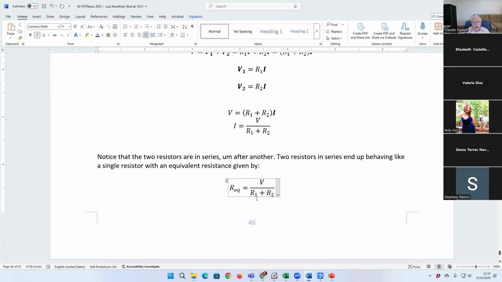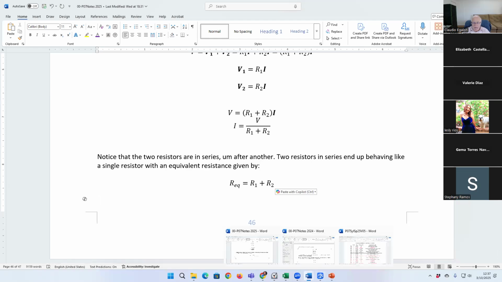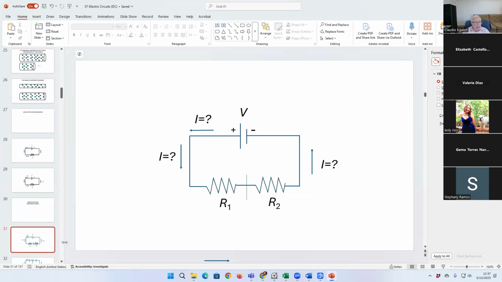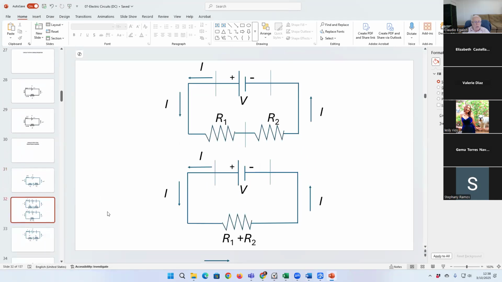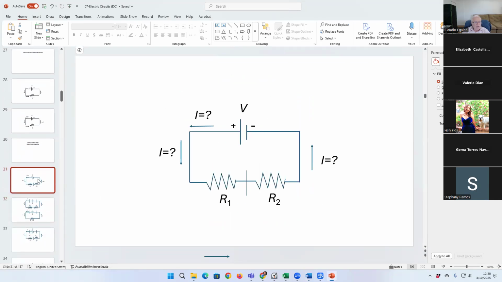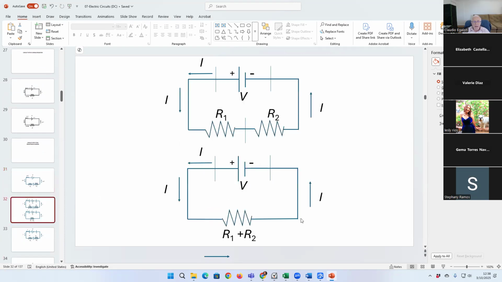Equivalent resistance R1 plus R2. R1 plus R2. So if you have a circuit just like that, you can redraw it in this way.